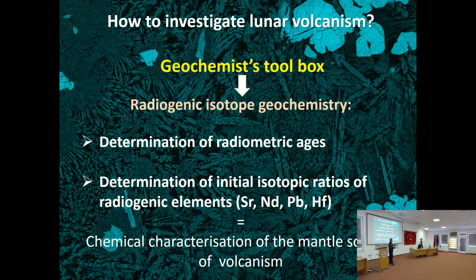So, how to investigate the lunar volcanism? Well, we can open the toolbox of the geochemist, and we have the radiogenic isotope geochemistry. And the approach is to determine the age of the volcanism and determine initial isotopic ratios of radiogenic elements: strontium, neodymium, lead, hafnium.